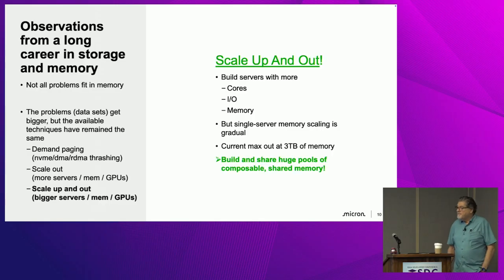But with the shared memory, we're playing around with the phrase scale up and out, because the data sets, again, by sometime next year, we expect to be at 100 terabytes on current build technology. And so if you build a cluster that shares access to 100 terabytes of index or graph, that turns out to be a really good use case for this.